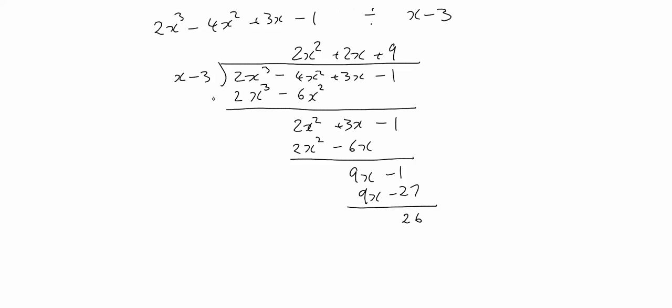Now what we have here are three things. The 2x squared plus 2x plus 9 is known as the quotient, the x minus 3 is known as the divisor, and the 26 is the remainder.